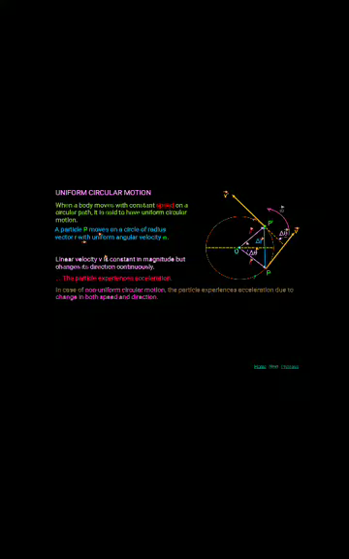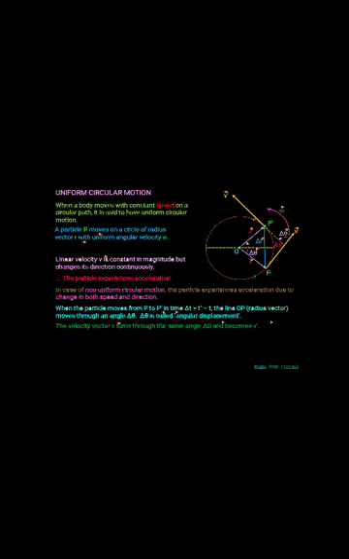Delta r we have also taken; delta r is the linear displacement, and delta s is the linear distance. Here the particle is moving from P to P dash. At that time the angular velocity is omega, and the linear velocity v is constant in magnitude, but it changes in direction continuously.